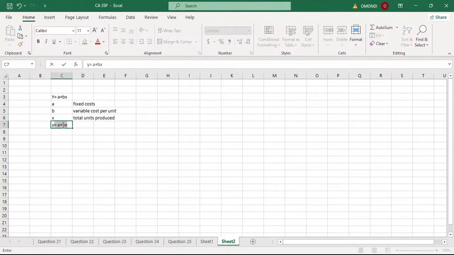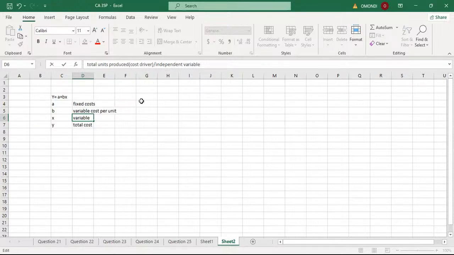then y was the total production cost, the total cost. This x here, that is the total units produced, is also called the cost driver or independent variable.